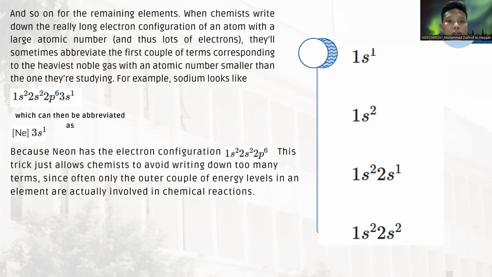For example, sodium looks like 1s² 2s² 2p⁶ 3s¹, which can then be abbreviated because neon has the electron configuration 1s² 2s² 2p⁶.